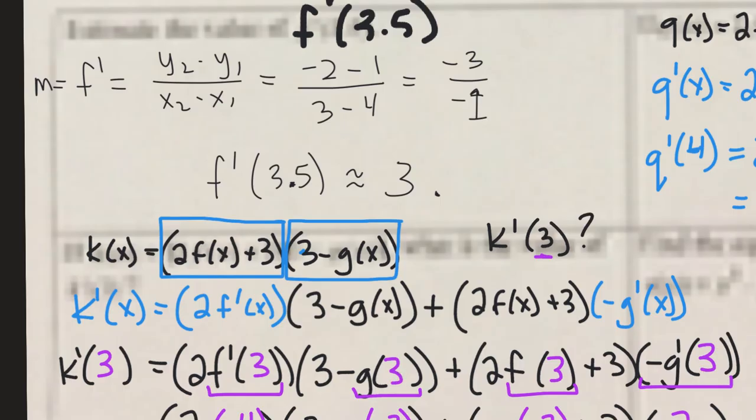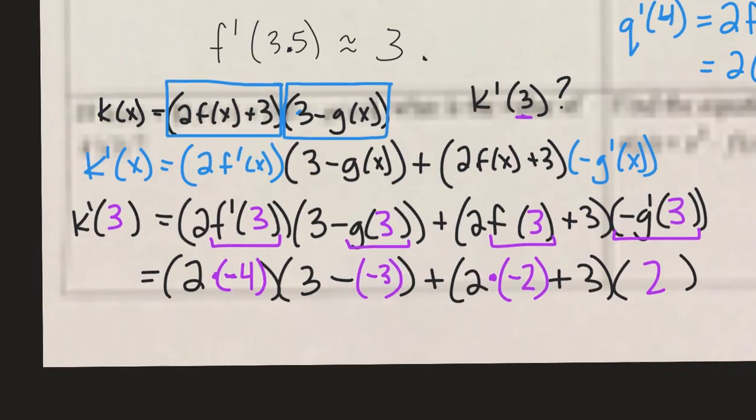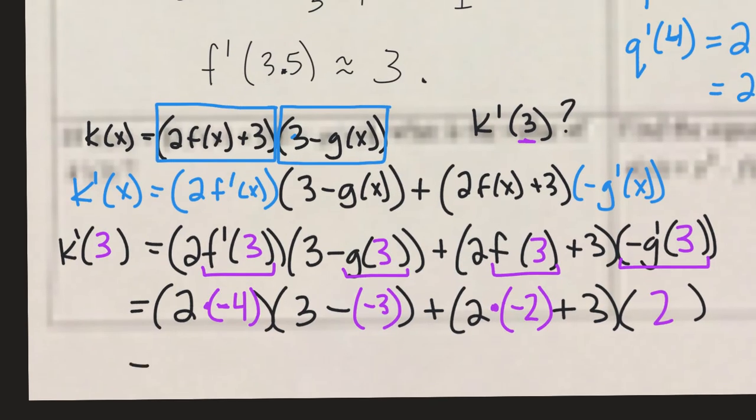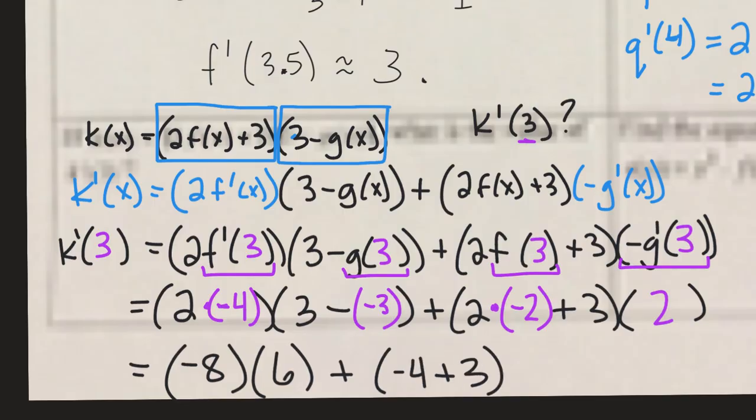So now let's see how our order of operations comes in here. 2 times -4, well that's -8, times 3 minus -3 is +6, plus -4 plus 3 times 2. Okay, which continues.